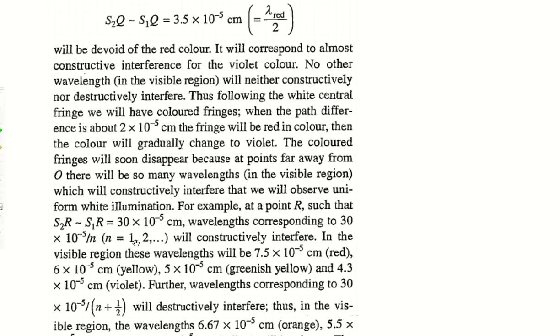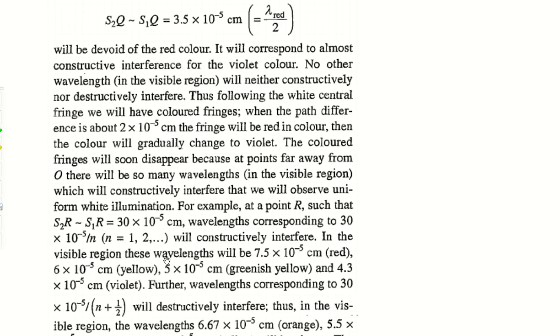So if we put n is equal to 1 there, then it will give you 30, which means no visible light is there. If you put 2, then 15, if you put 3, 10, and if you put 4, then it will give you 7.5 into 10 to the power minus 5 centimeter.